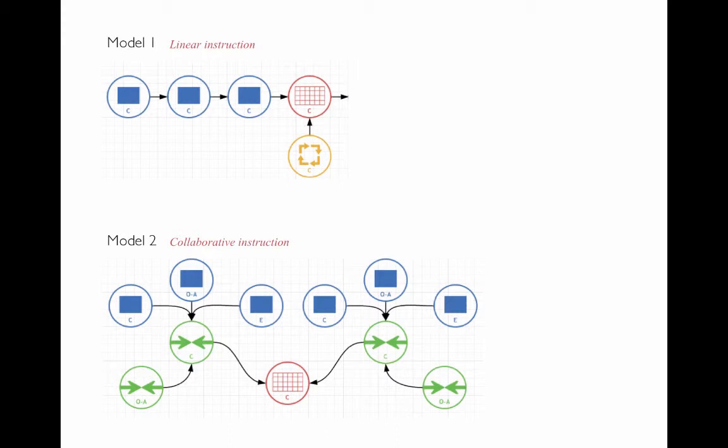And ultimately, these collaborations lead into a central artifact or a central assessment that will be presented. And so in this particular case, we can compare and contrast the differences between Model 1, which is very linear and instructivist, and Model 2, which is very collaborative and constructivist. So just in this quick view, we can see these key differences.